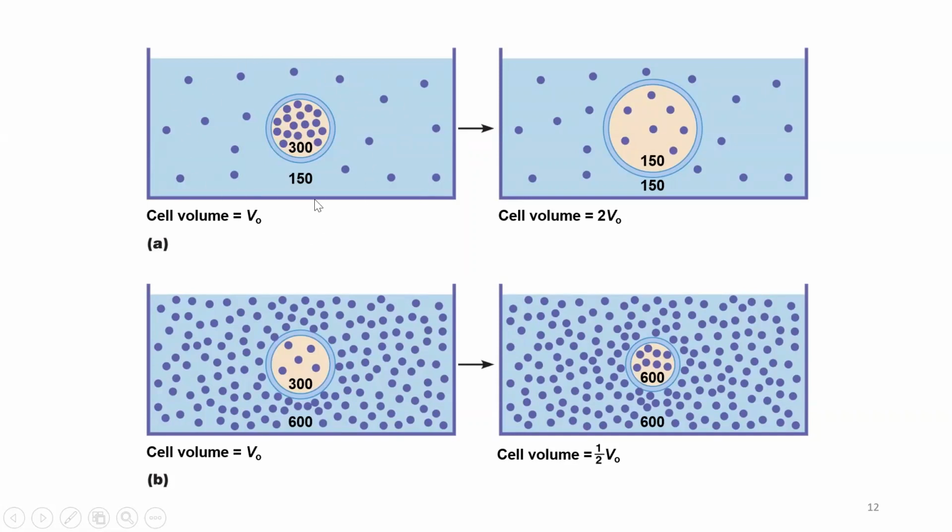Over time, in order to equalize the osmolarity, movement of water is going to take place. Now, can anyone predict in what direction we would have movement of water for part A? Where will the water move in order to get us to this situation here? What's the direction of water movement?